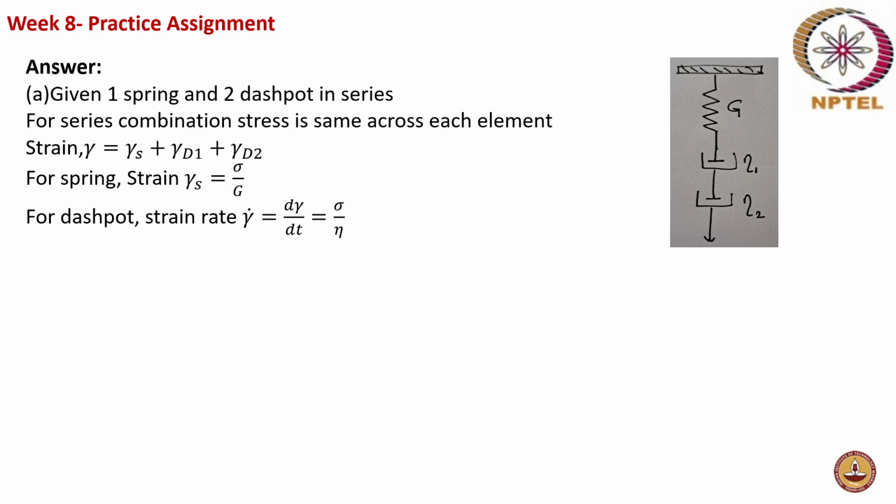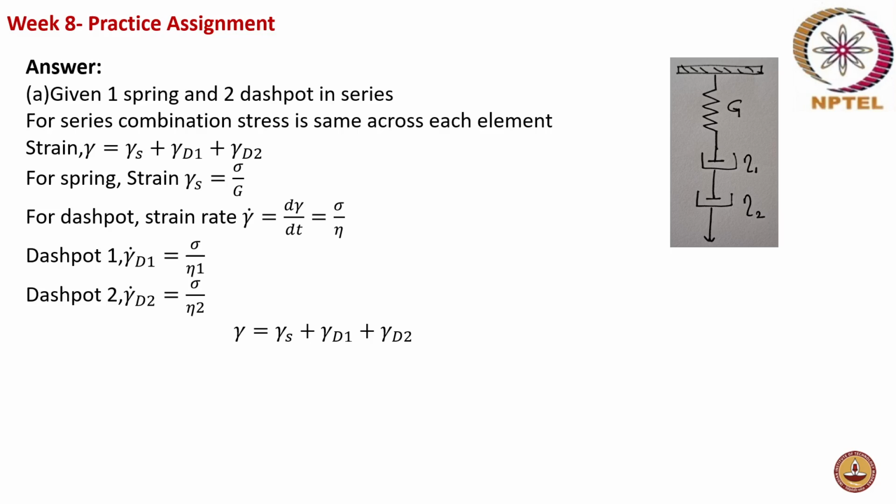This is from Newton's law of viscosity, which states that stress is directly proportional to strain rate and the constant of proportionality is your viscosity. So rearranging it, you get strain rate is equal to stress by viscosity. For dashpot 1, it will be sigma by eta 1, and for dashpot 2, gamma dot will be sigma by eta 2. So now we have the relation that gamma is equal to gamma s plus gamma d1 plus gamma d2.